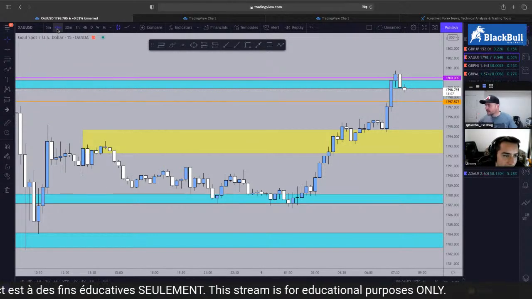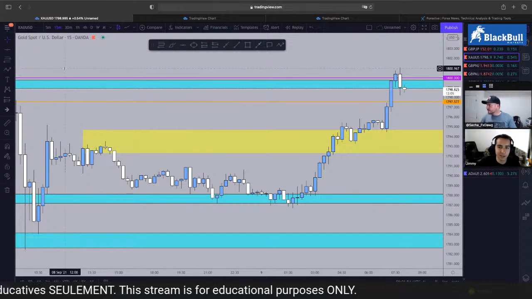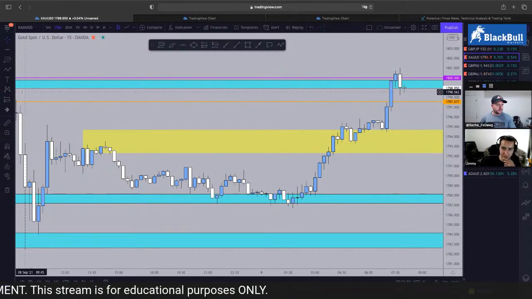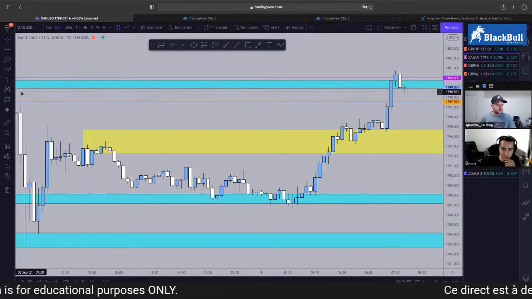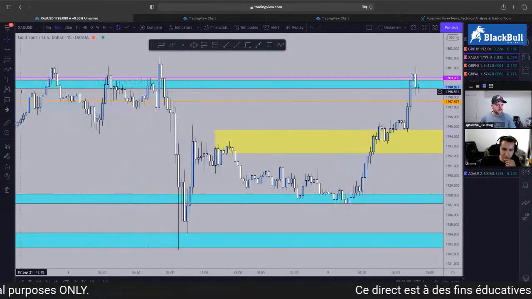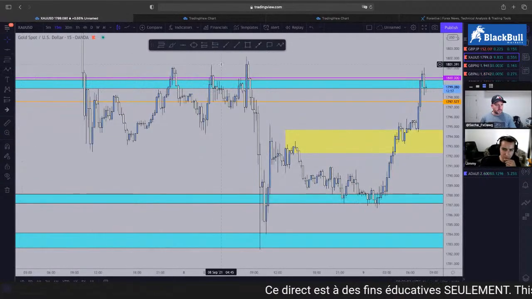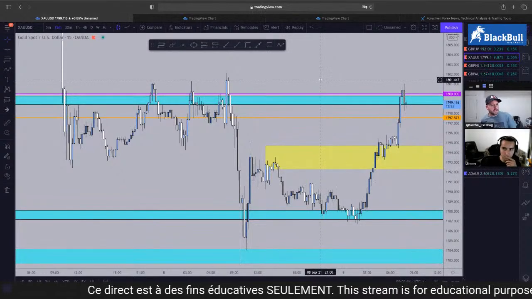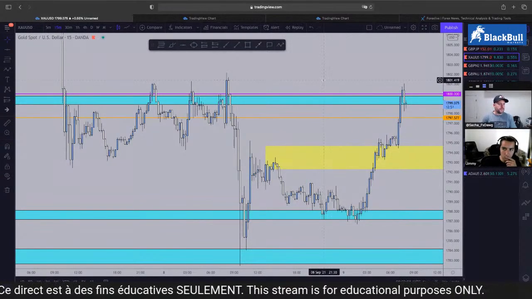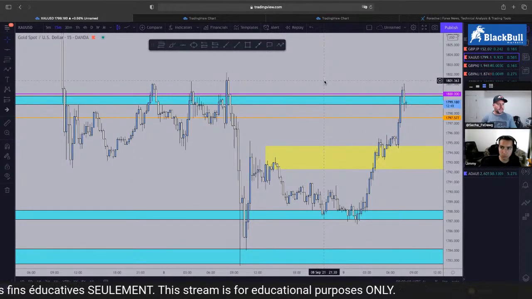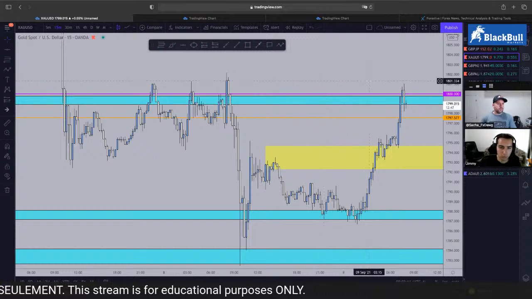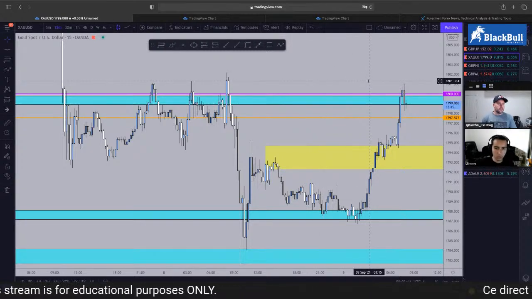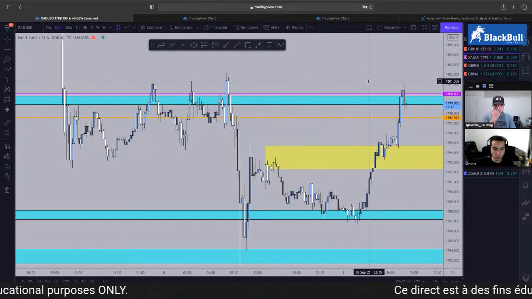Trading gold, maybe I'm looking at 15 minutes, because there are so many fake outs around that 1800 level. I'm going to wait for a break of the low on the 15-minute to enter. And if not, I'm going to wait for a break and retest to go on the upside.